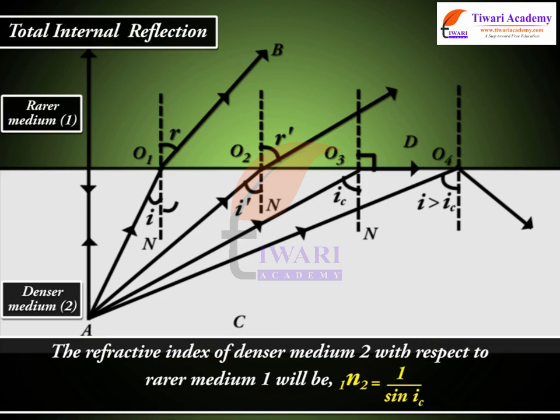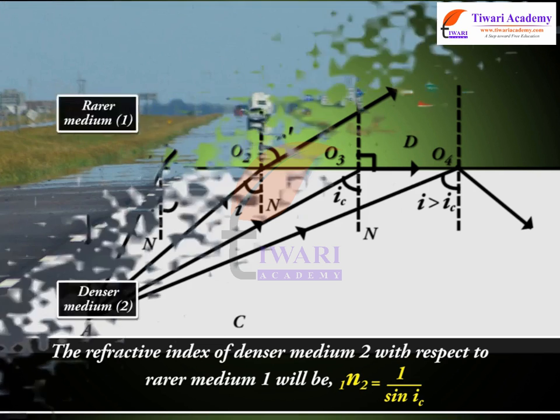The refractive index of denser medium 2 with respect to rarer medium 1 will be 1n2 is equal to 1 upon sin iC.